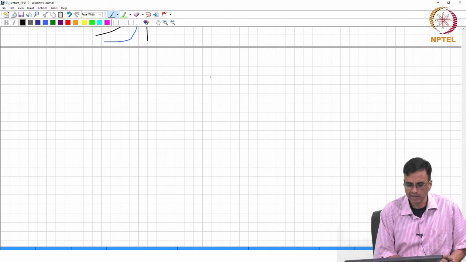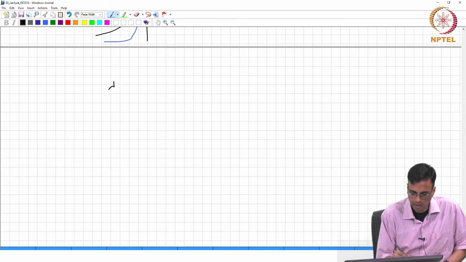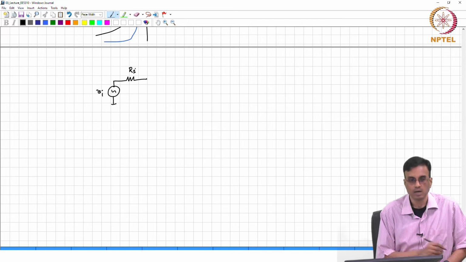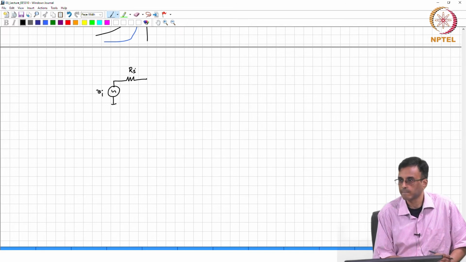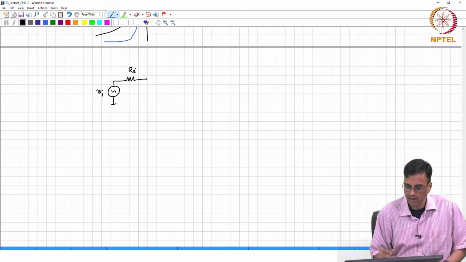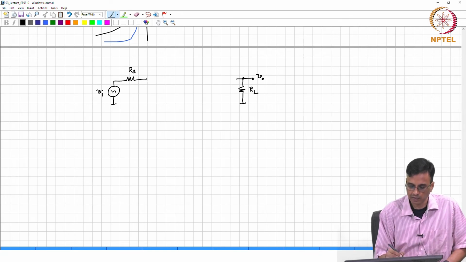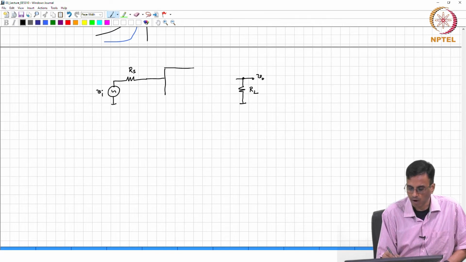And what is an amplifier? Well, we have an input source which is a small signal, all right, and we have a load RL and some voltage across it, and we have a box in the middle, and for argument's sake the simplest case of the box is that it is a two port.